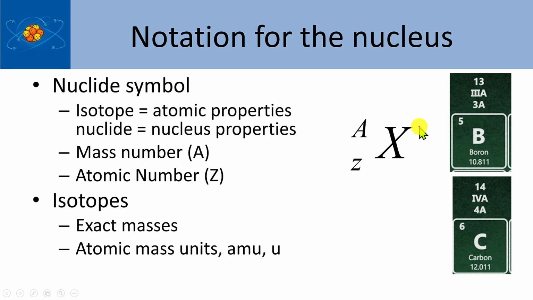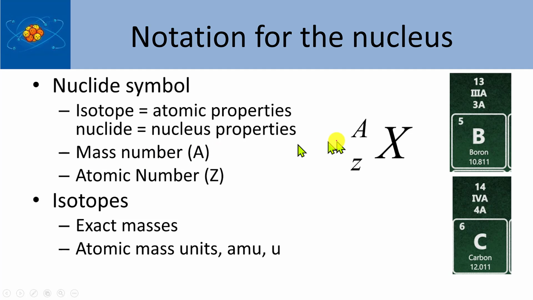If there's a charge, which is really not part of the nuclide symbol, nuclide symbols are really supposed to be reflective of the state of a nucleus, and then the isotopic symbols are usually those for more chemistry related. So isotopes, when we talk about isotopes, we're talking about atomic and chemical properties, and nuclides, we're generally referring to nuclear properties. But for the most part, people sort of mix these things up in chemistry, although I'm sure the physicists are driven mad by that, but it's probably okay.